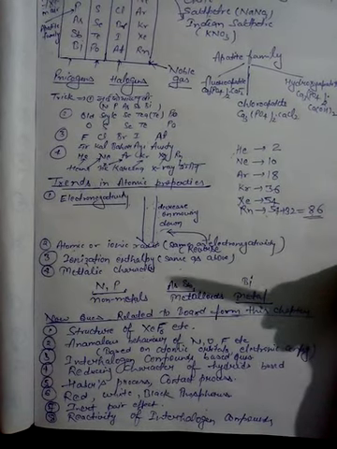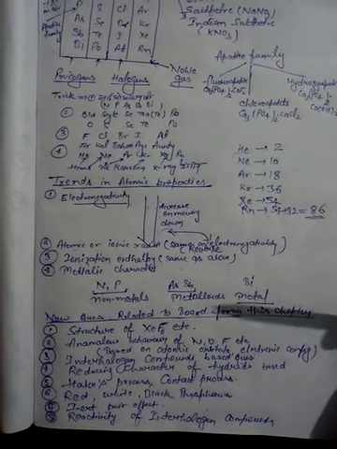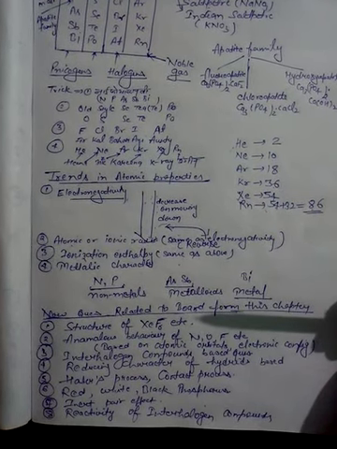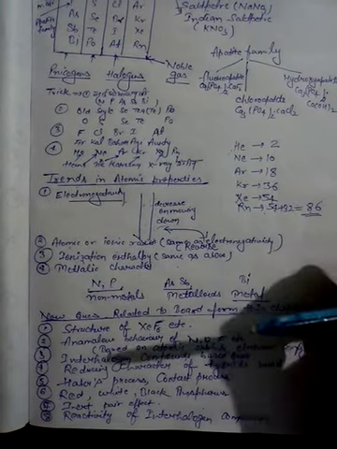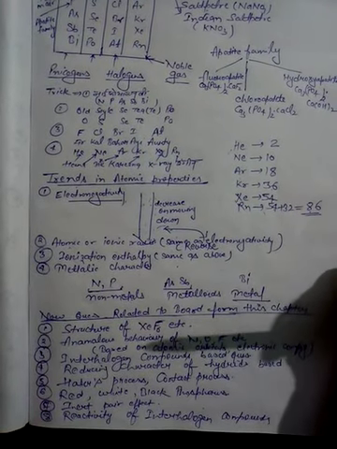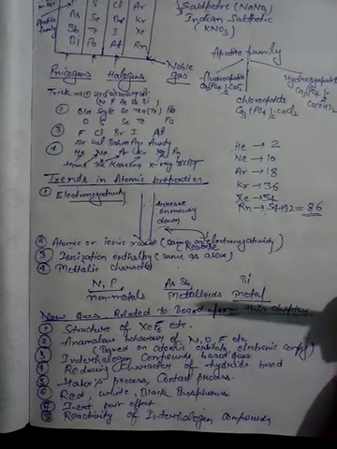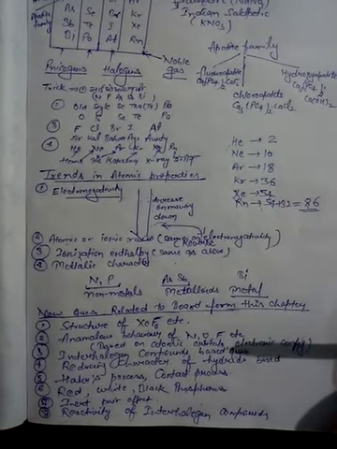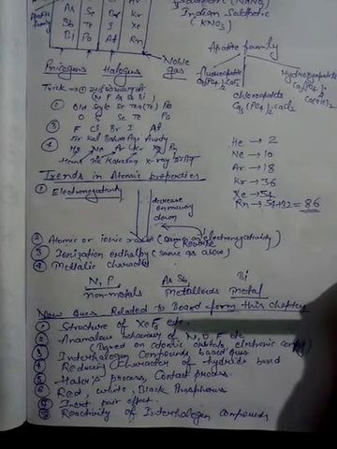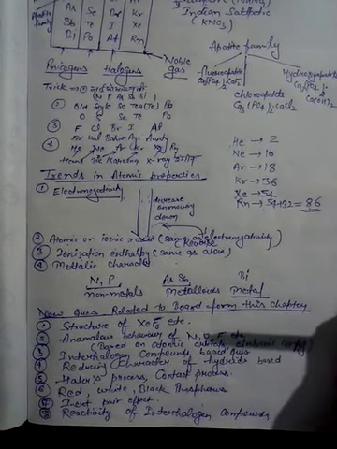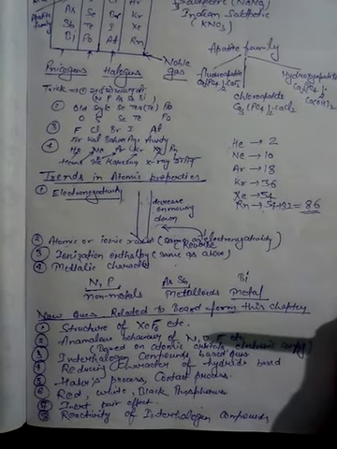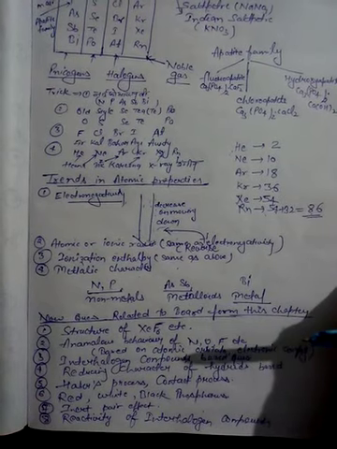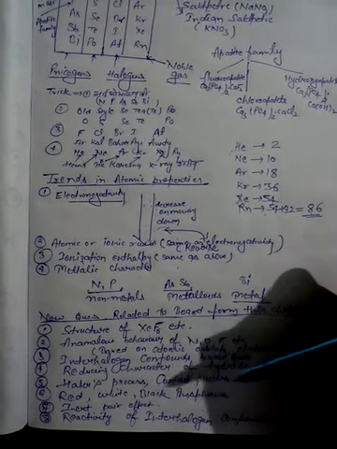And we have questions based on the anomalous behavior of nitrogen, oxygen and fluorine, which have high electronegativity and smaller size in their families. Then we have questions on interhalogen compounds, why they are more reactive compared to the halogens, and the reducing character of hydrides of the family. Most of the time the Haber process and contact process are discussed, and sometimes we get the question to differentiate red, white and black phosphorus.